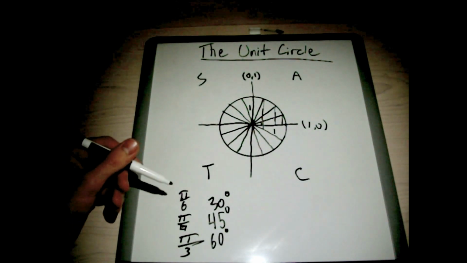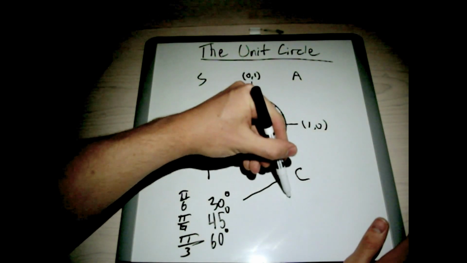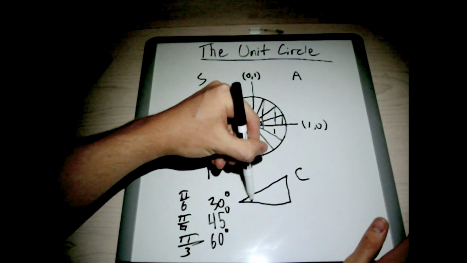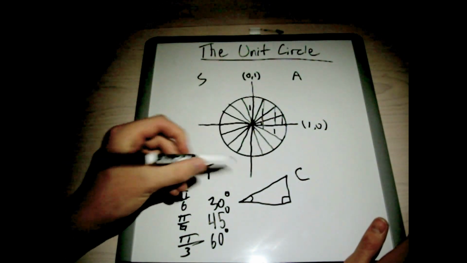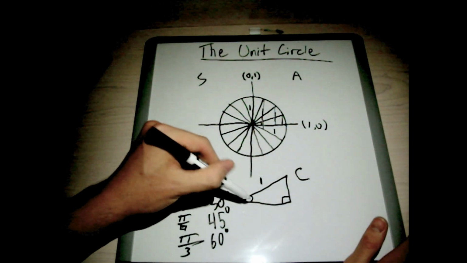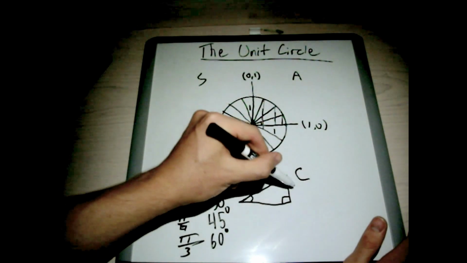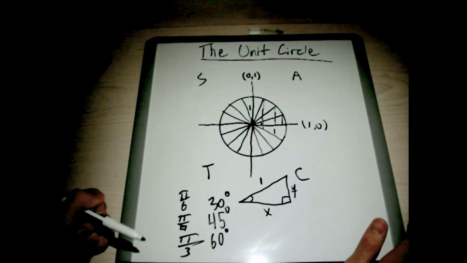So say for the 30-degree angle, we have our triangle, 30 degrees, 90, so this is 60. And since the radius is 1, we know what the hypotenuse is. And then we have the angle. So we have our y, and we have our x.